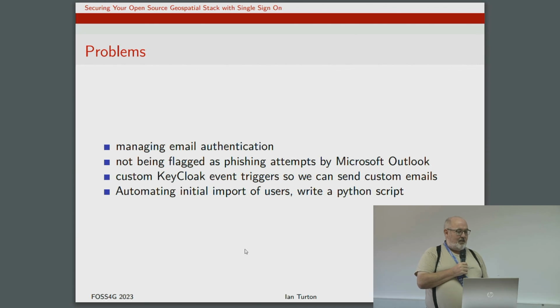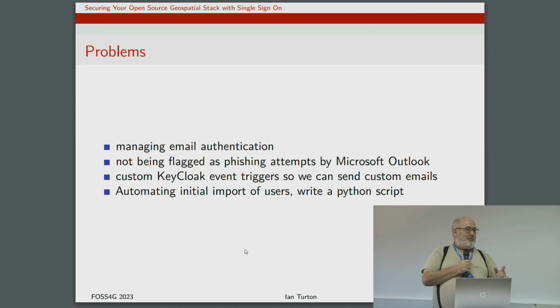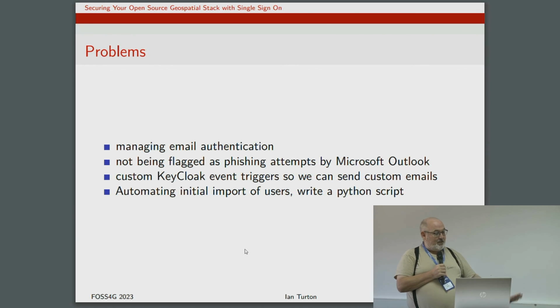Then when we went live and started sending stuff out, Microsoft Outlook, which the client uses because they're Microsoft people, kept flagging these emails up as phishing attempts. And to be honest, they look a lot like a phishing attempt. The problem was that we set them as coming from within the client's domain, but they were actually coming from outside. If anybody knows how to convince Outlook to accept that sort of mail, we'd love to know. In the end, we just changed it to sending the emails from our address, and it was happy with that.